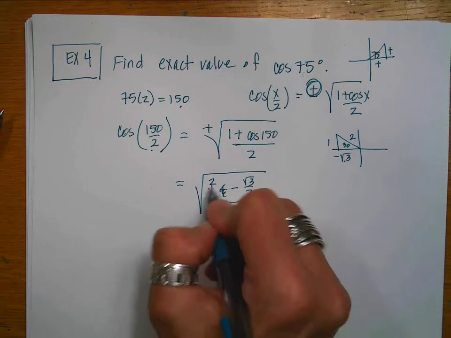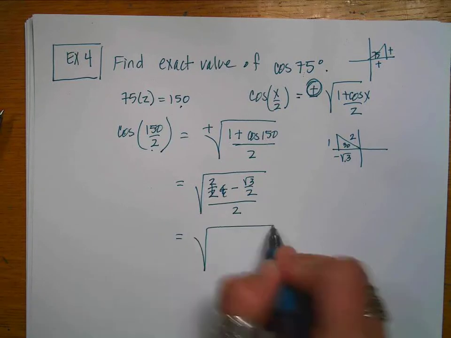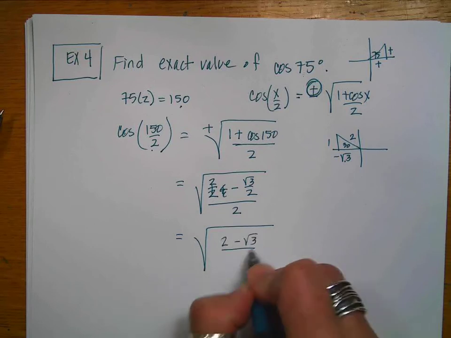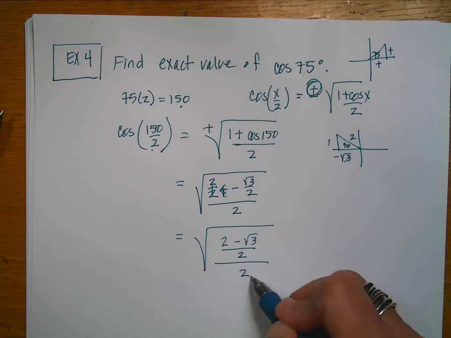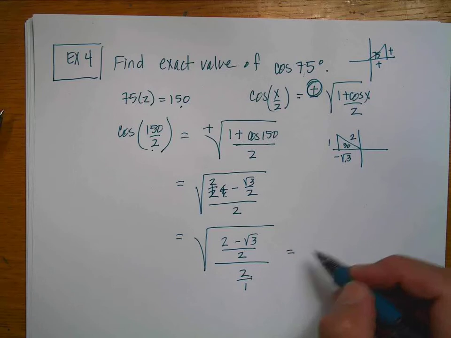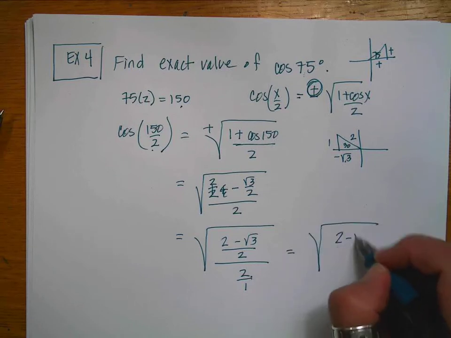To be able to put the numerator together, I'm going to turn this 1 into 2 over 2. So now this becomes the radical of (2 minus radical 3 over 2) over 2. This is the numerator, there's your denominator. Technically, this is a fraction, so that means I can multiply by the reciprocal.